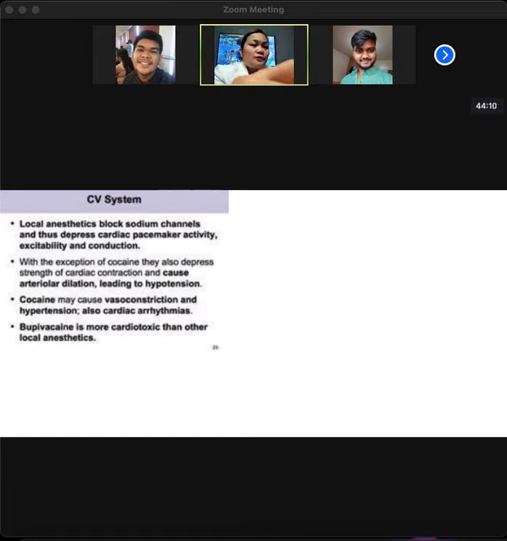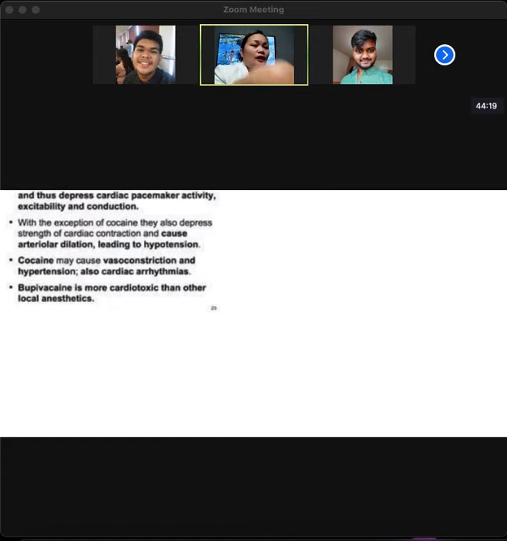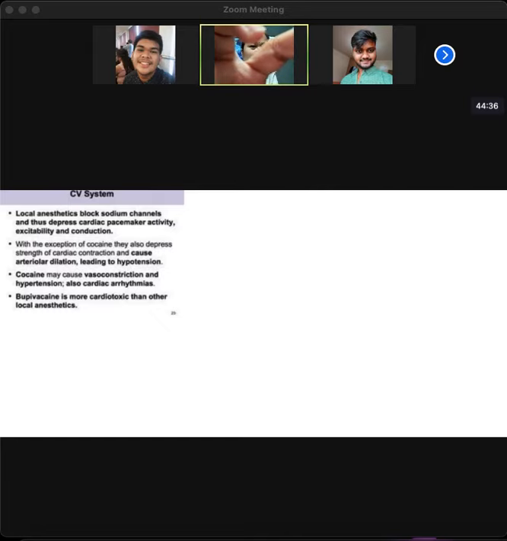Okay, with the exception of cocaine, they also depress the strength of cardiac contraction and cause arteriolar dilatation leading to hypotension. Cocaine may cause vasoconstriction and hypertension, also cardiac arrhythmias, while bupivacaine is more cardiotoxic than other local anesthetics. So, ang pinaka-safe na local anesthetics that can be used for cardiac patients are levobupivacaine.